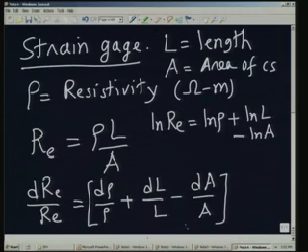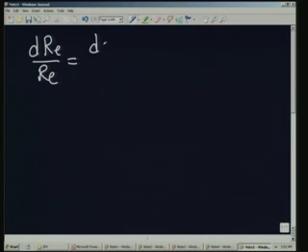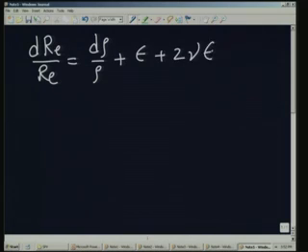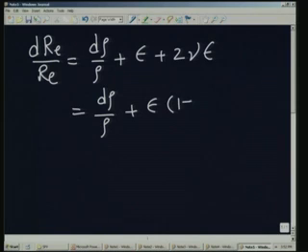So, all I have to do is to introduce these two into that equation, and you will see that dRe by Re equals d rho by rho plus dL by L, which is epsilon, plus 2 nu epsilon, or I can write it as d rho by rho plus epsilon into 1 plus 2 nu.